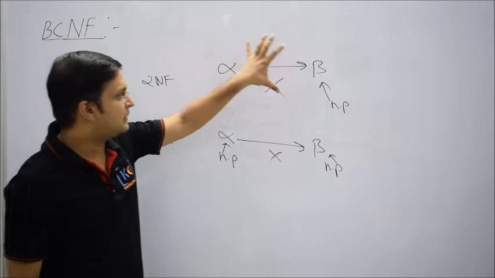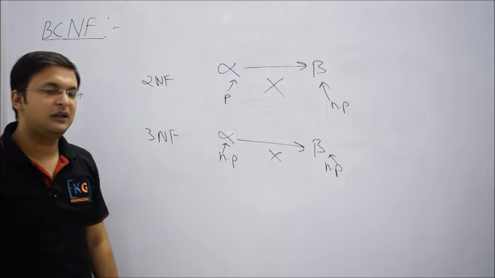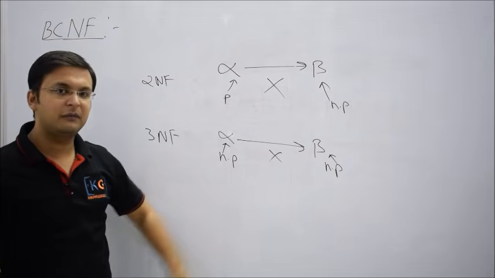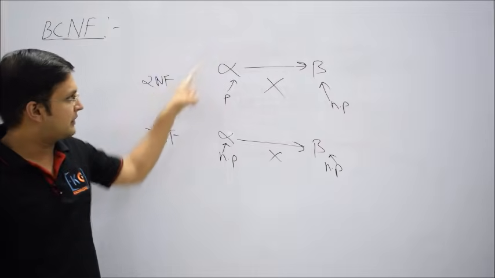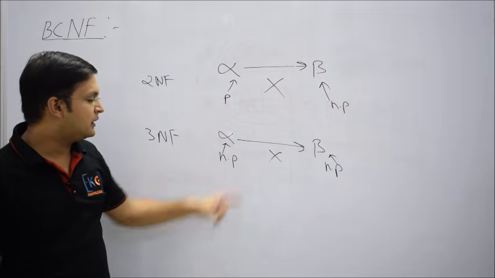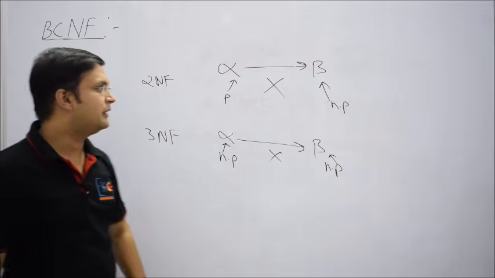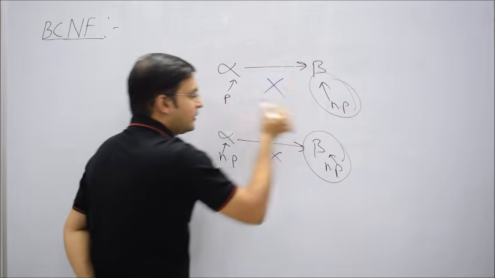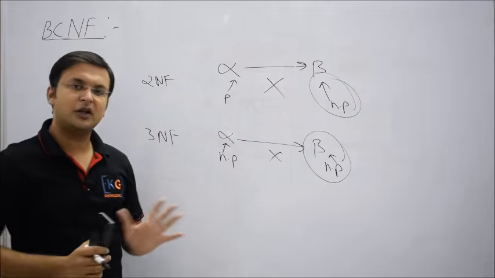This is a clear-cut case of partial dependency. This is a clear-cut case of transitive dependency. Third normal form rejects both of them. From prime to non-prime you cannot go if this is not an entire candidate key, and from non-prime to non-prime you cannot go. But please note that in both cases this beta side is what? Non-prime. Alpha could be prime and non-prime as far as third normal form is concerned.